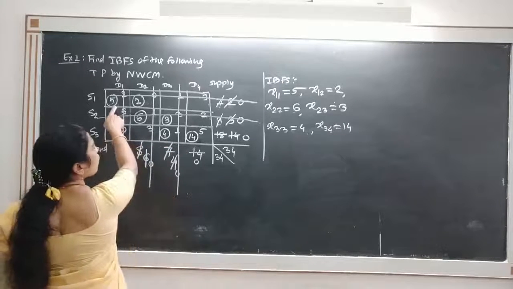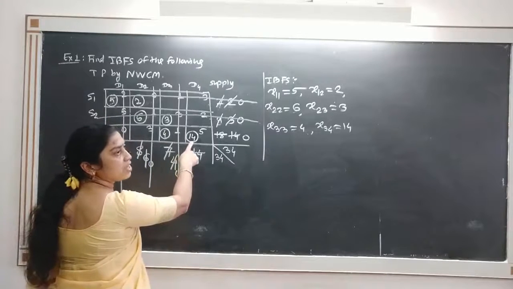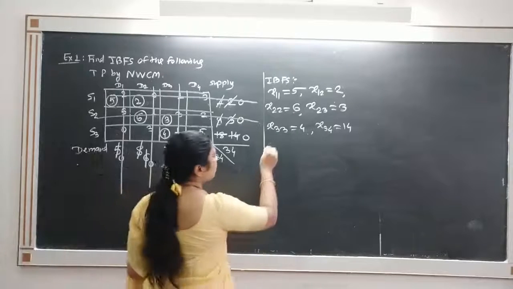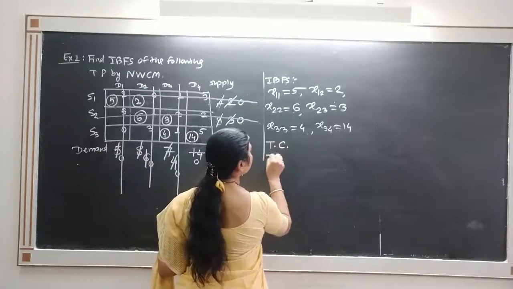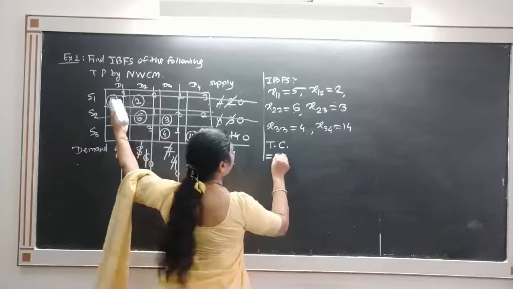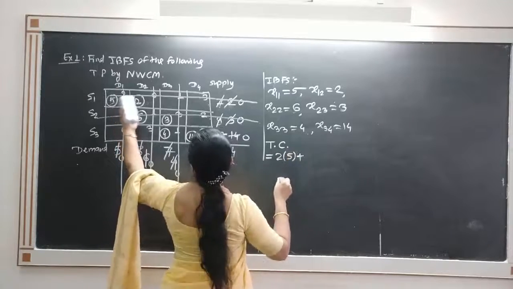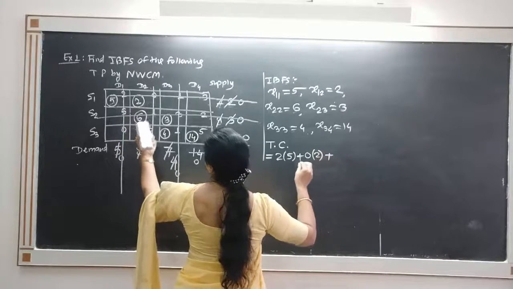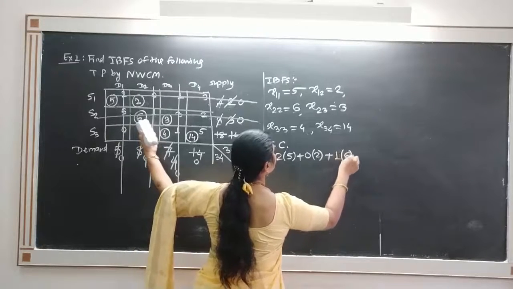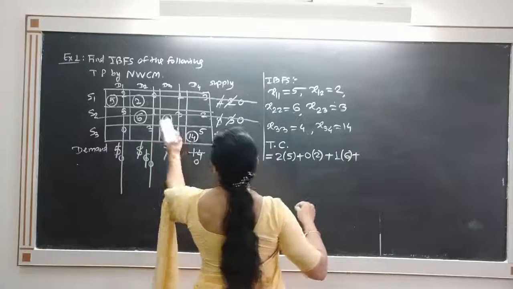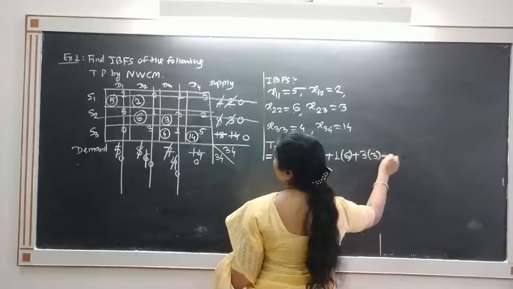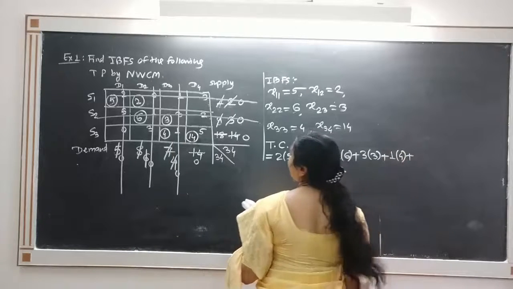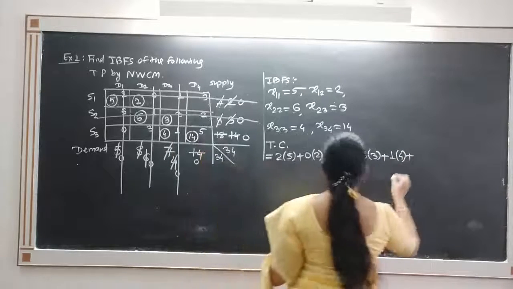See, it starts with northwest and ends with southeast cell, and therefore what is the transportation cost? The transportation cost is nothing but 2 into 5 plus 0 into 2, that is 0, plus 1 into 6 plus 3 into 3 plus 1 into 4 plus 5 into 14.